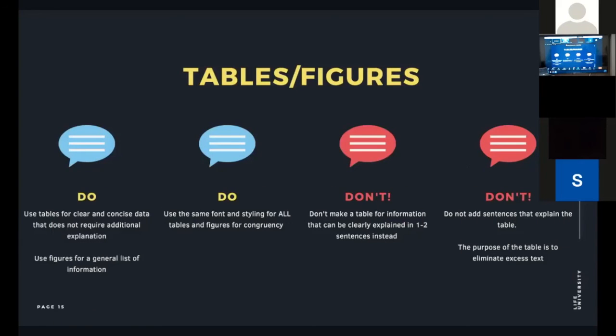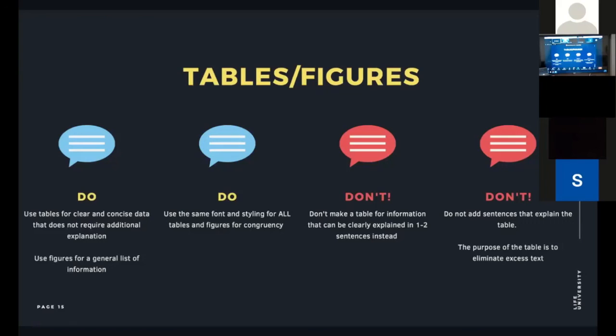And lastly, tables and figures. So tables are going to be for clear and concise data that doesn't really fit in the manuscript itself. It's also going to be for things that don't need explanation with text. So things that you can just throw on a table and they just make sense with the numbers and words that are there. Figures are different. I want you to think of it as a laundry list.